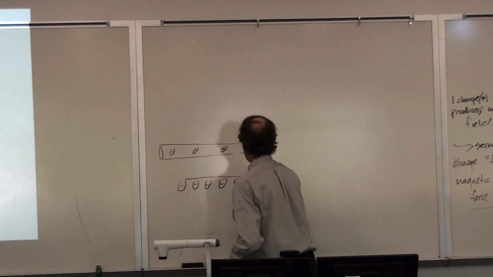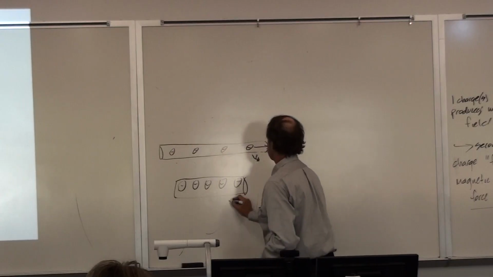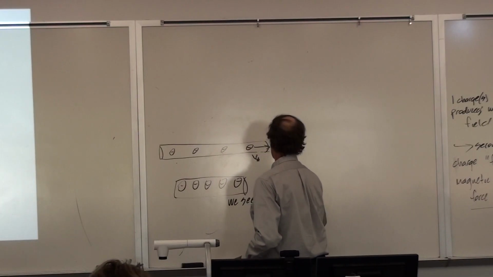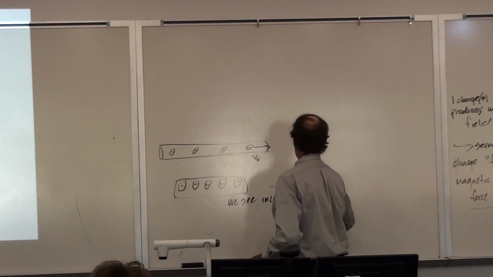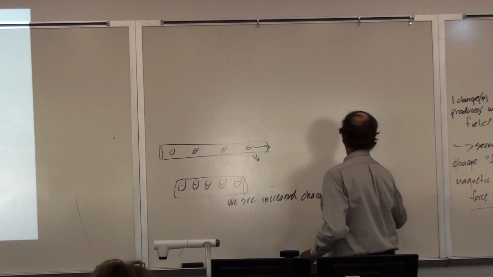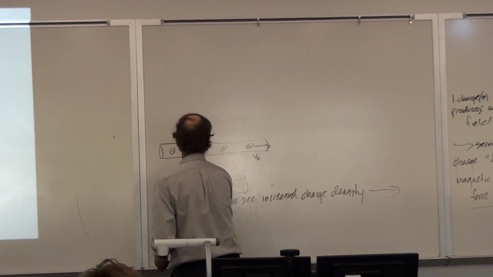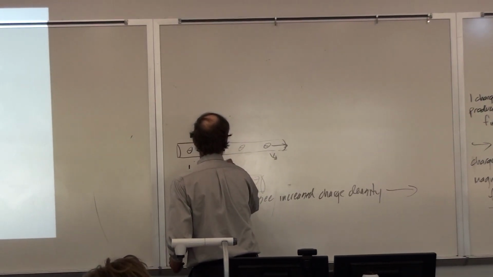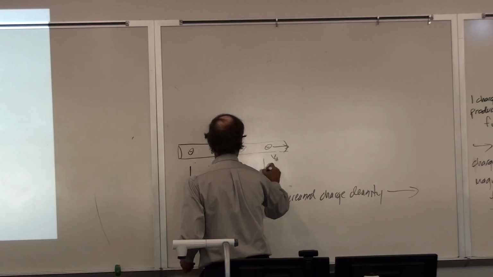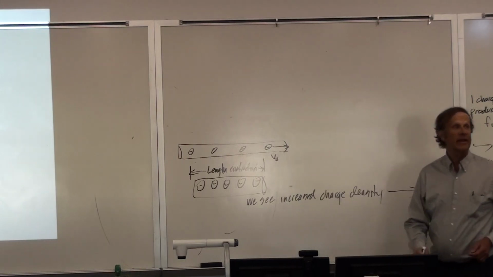And so I'm greatly exaggerating the length contraction here, but this is what we see. And this increased charge density caused by length contraction generates an extra electric field.